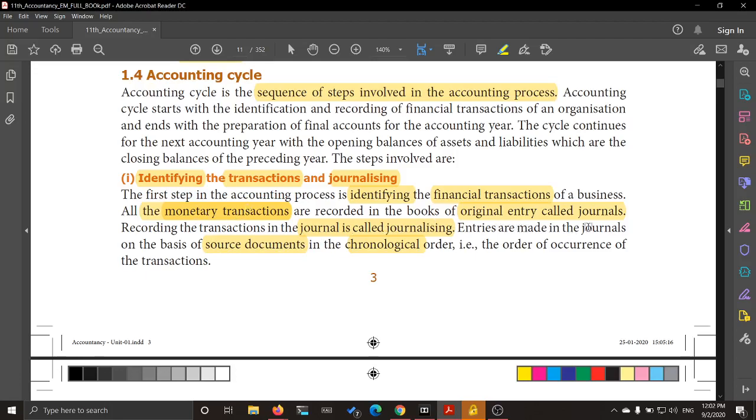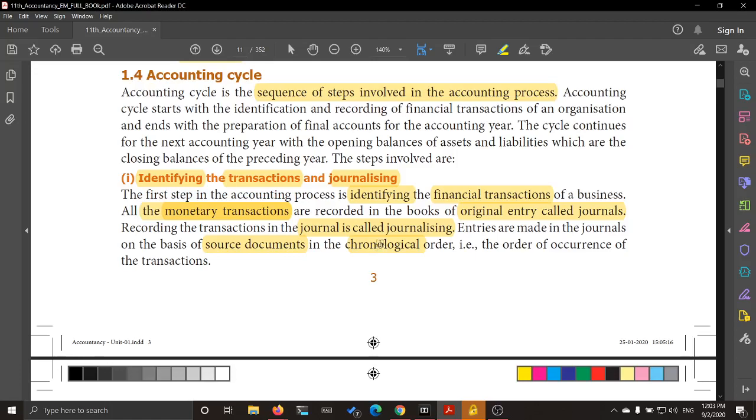So journals are on the basis of source documents, in chronological order. Chronological order means on the date, as and when they appeared. Date wise இருக்கணும், correct date இருக்கணும். அதை first, second, third, fourth, and date wise ல you have to make an entry. You cannot write what took place on the 10th, then go to the third அன்னைக்கு என்ன transaction நடந்தது, fifth அன்னைக்கு அந்த மாதிரி இல்ல, கரெக்ட்டா date wise orderல இருக்கணும்.